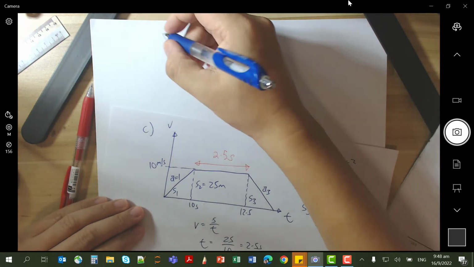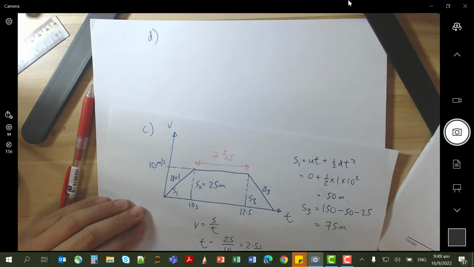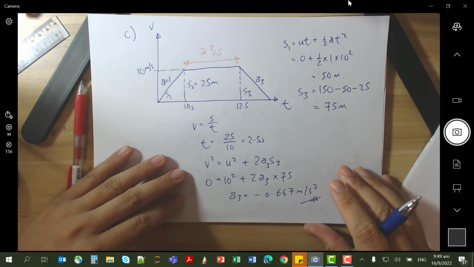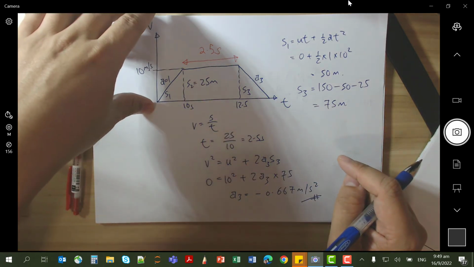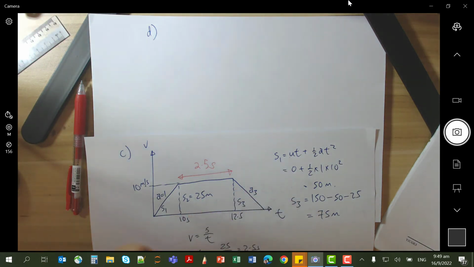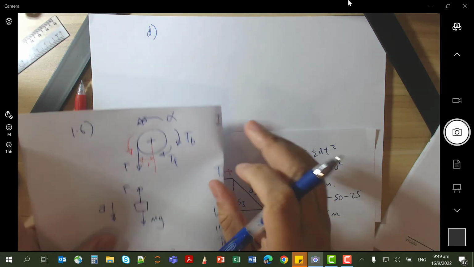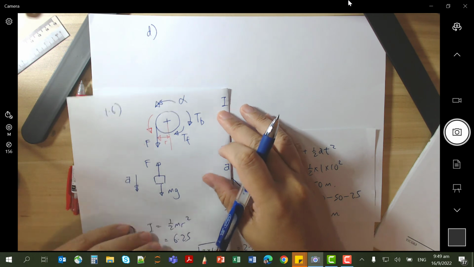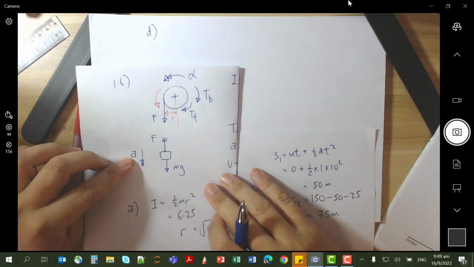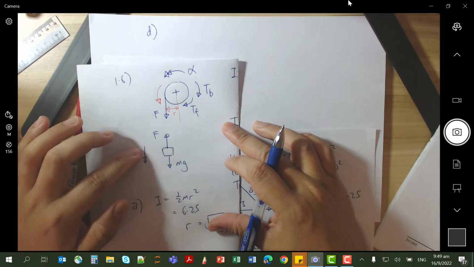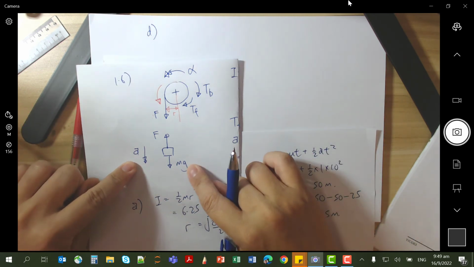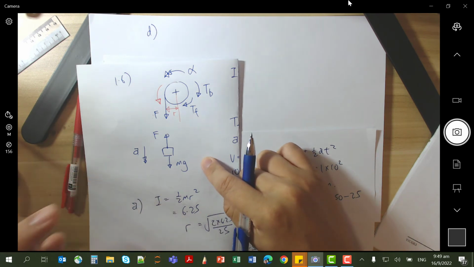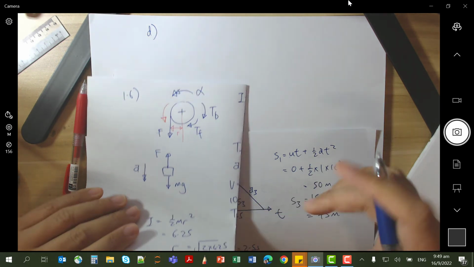Part D. What is the braking torque required during the retardation? Retardation means the last part, part 3. You can still use the original free body diagram. It doesn't mean that because A is negative, your direction is going to switch. No. You can continue to use these directions, but you just remember to put the A as a negative value.